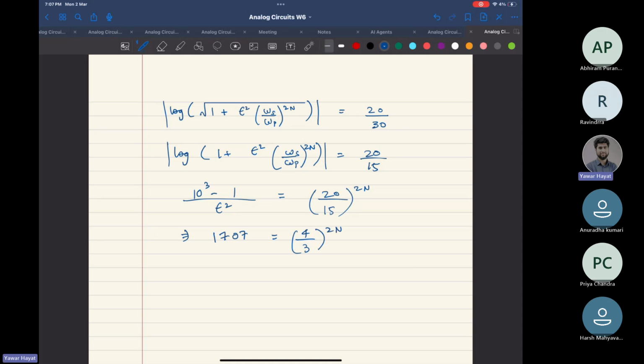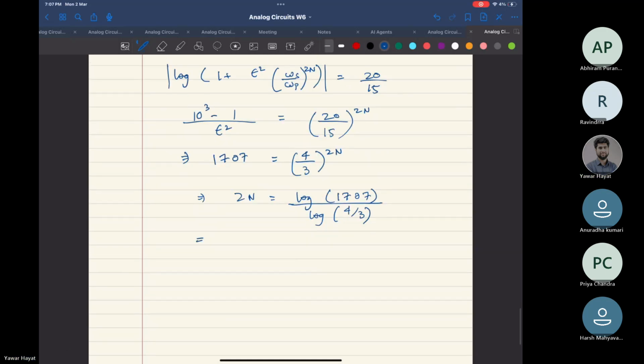Okay, I can take log on both sides, right? Then this would be 2n times log of 1707, all divided by log of 4 over 3, isn't it?